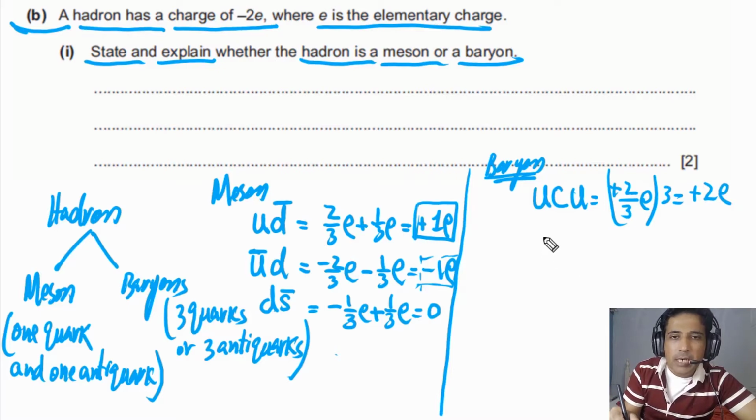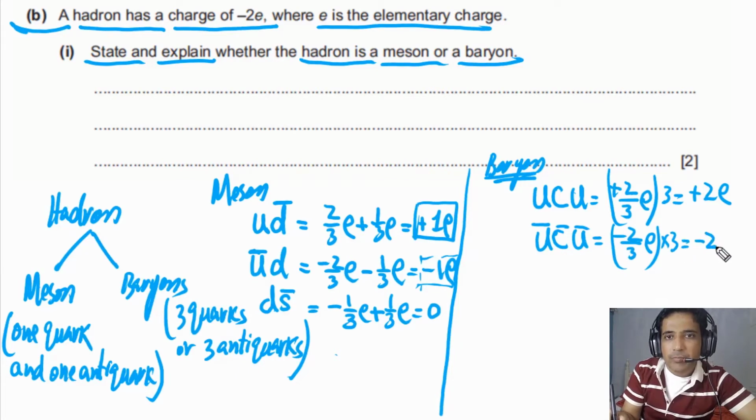It is also possible that all of them are antiquarks. So we have an up antiquark, a charm antiquark, and another up antiquark. In this case, the charge on each quark will be -2/3e. So if we multiply by 3, our answer will be -2e.